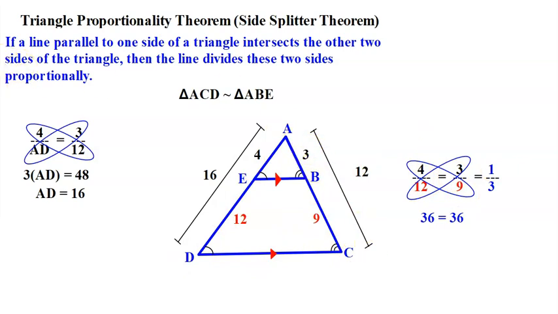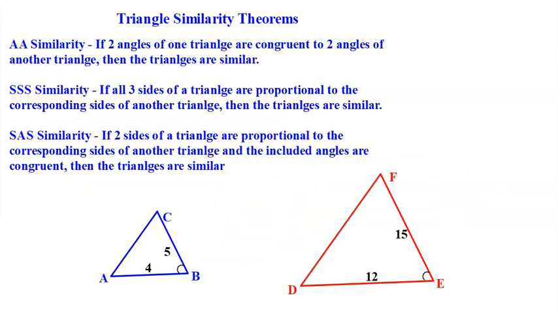All right, and let's see here. So once again, triangles are special. They get shortcuts. You don't have to check all the sides and all the angles in order for them to work. As long as you have either just two angles that are congruent, or all three sides are proportional, or two sides and that included angle, then you're good.